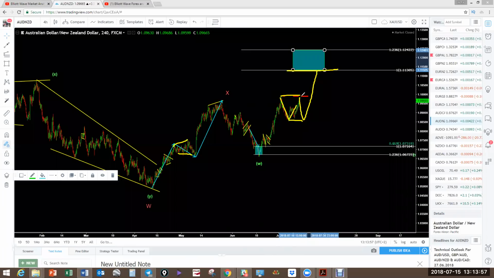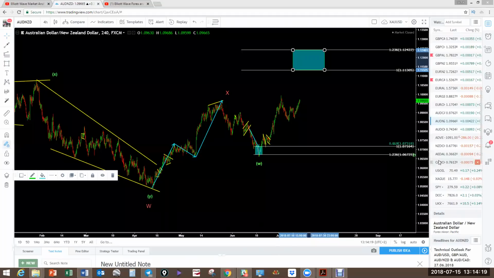It has tested now and is just making a correction. So if it makes this one down, it's fine. It will still go to the upside. If it just corrects here, it may not give you another entry. It may just go straight like that. Okay, so that's what we're looking at on AUDNZD.